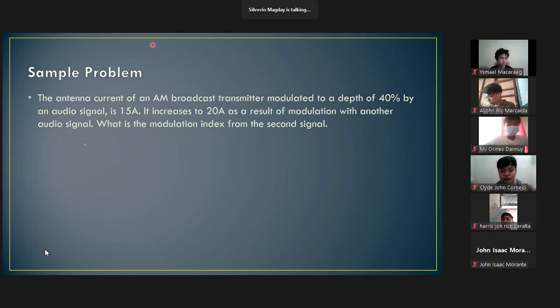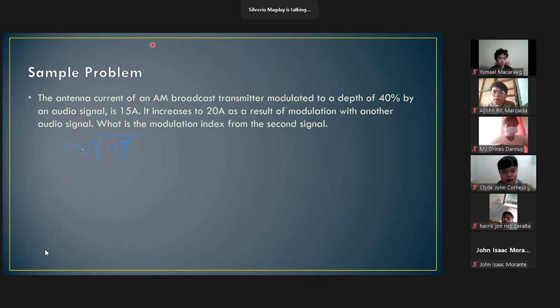Okay, first, ano ba sa formula? IT, ay mali kami, sir. Kala namin equals IC to. Kumbaga, antenna current of an AM transmitter modulated, so this is a resulting total. For the first, we have a 40%. This is already a modulated signal, so as a result, 15 amperes. So IT equals IC times square root of 1 plus m squared over 2.